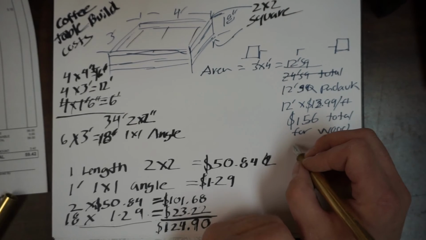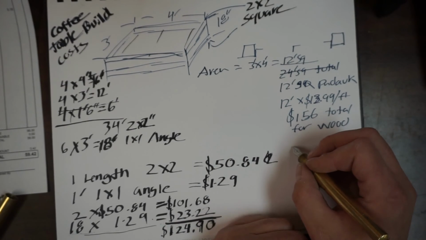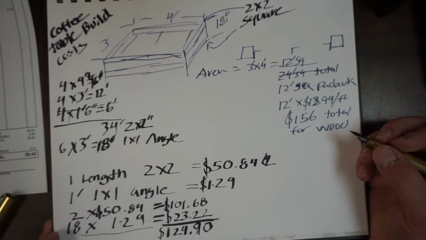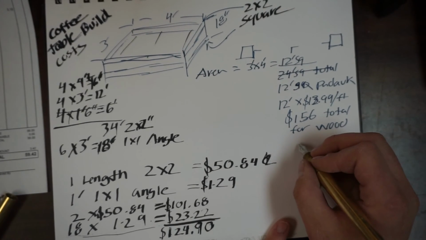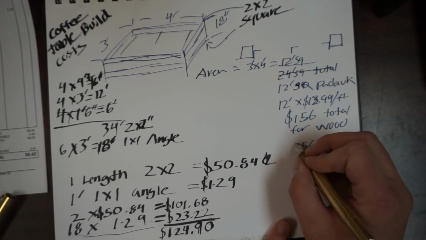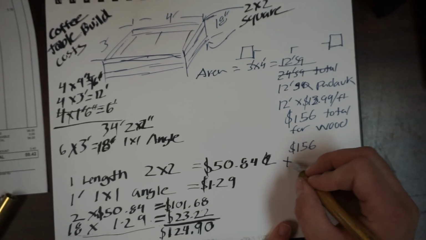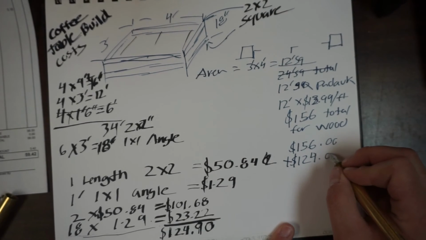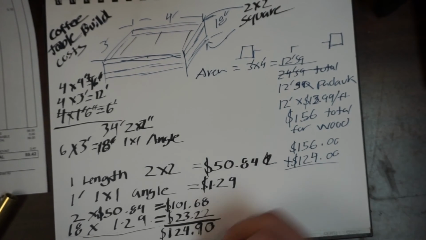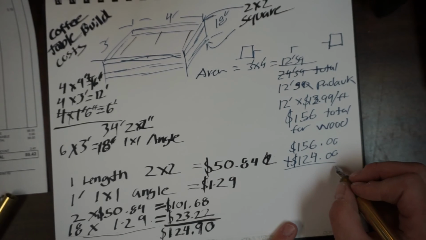All right, now let's go ahead and get the total. So we're going to add $156 plus $124. We'll worry about the change later, or not at all.